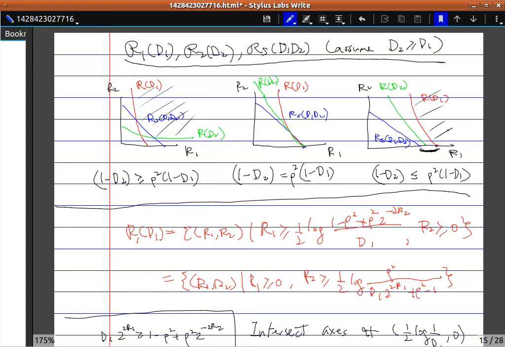As long as we can show that every weight pair in these weight regions can be satisfied, then we can show that the intersection of these weight regions is achievable, at least for this particular case here.